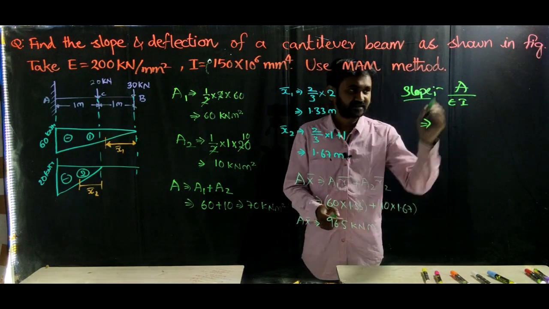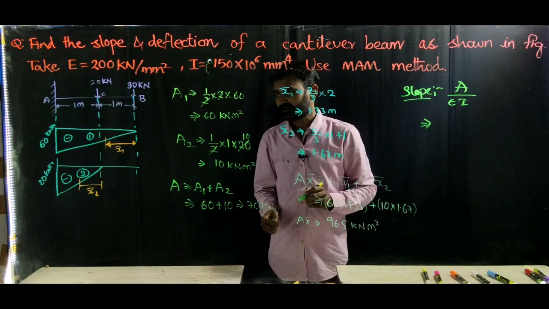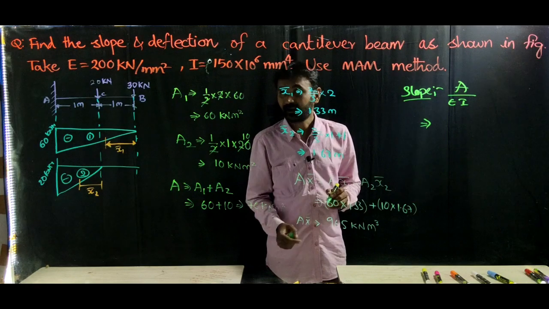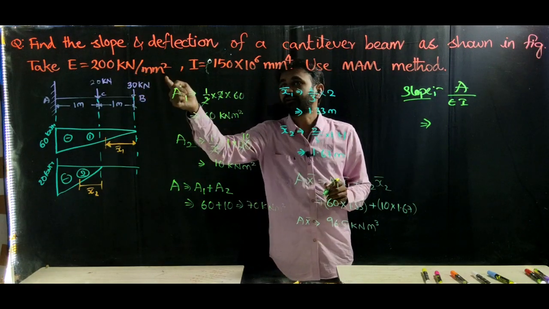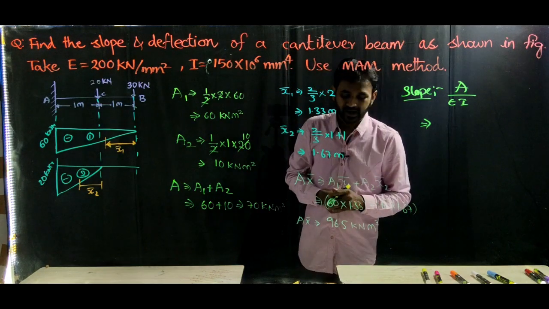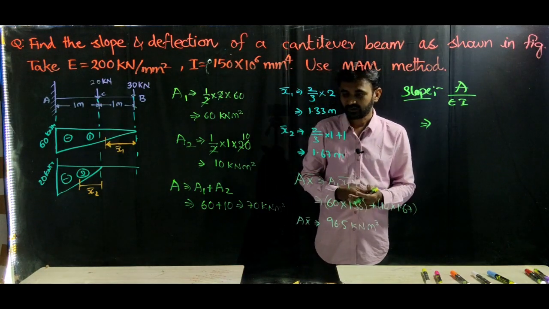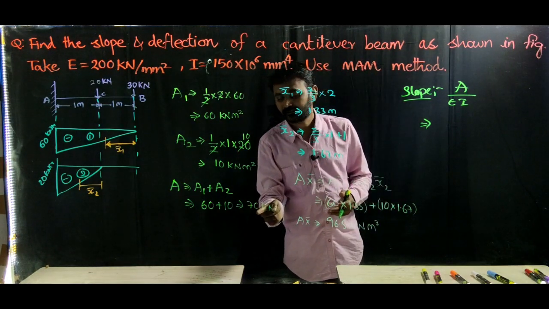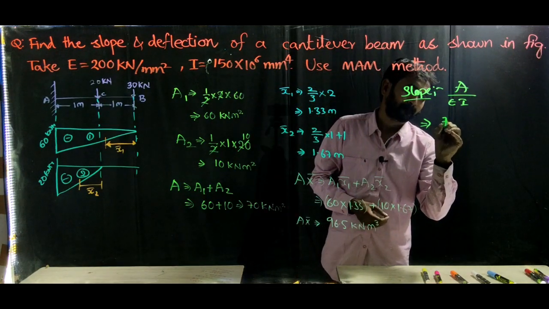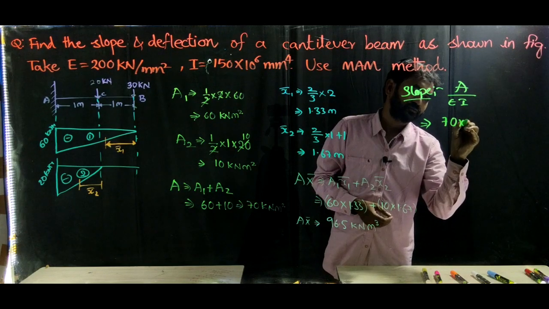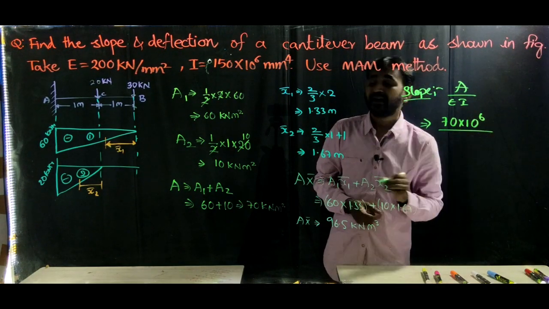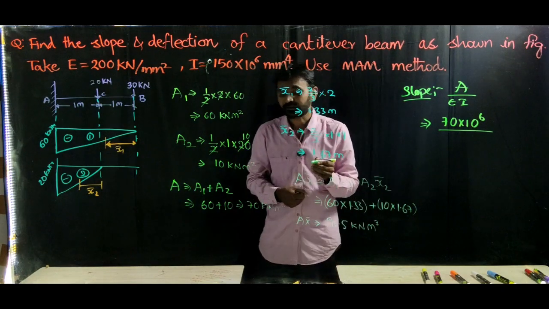Now let us see A by EI. What is the value of A here? A is nothing but 70 kilonewton meter square, but EI values are in kilonewton mm square, so I have to change that into mm. So 70 into 10 to the power of 6, so that I am converting that into mm.